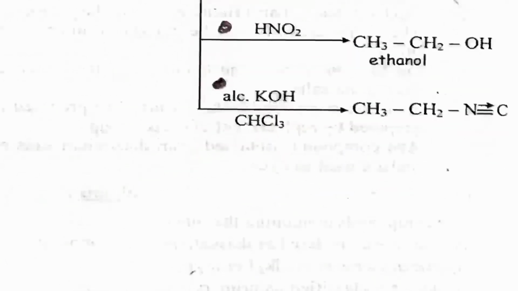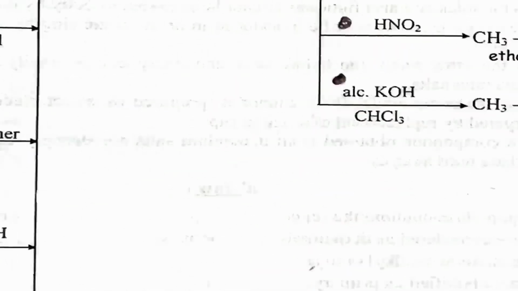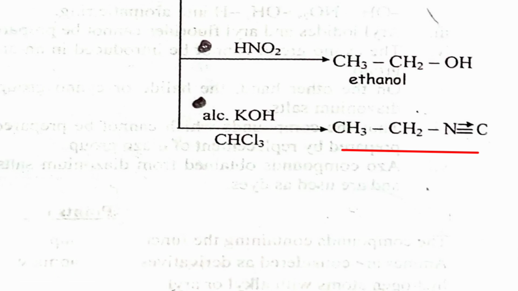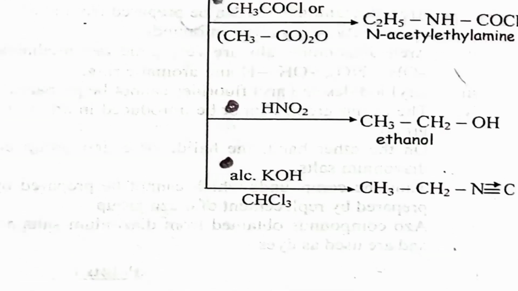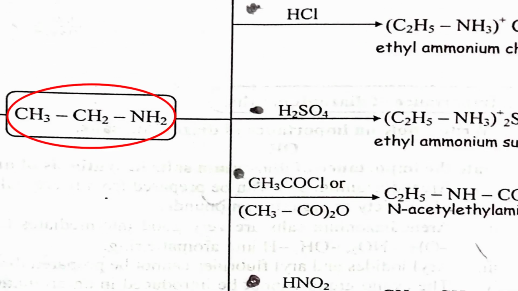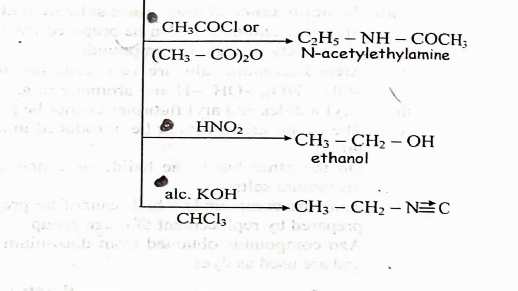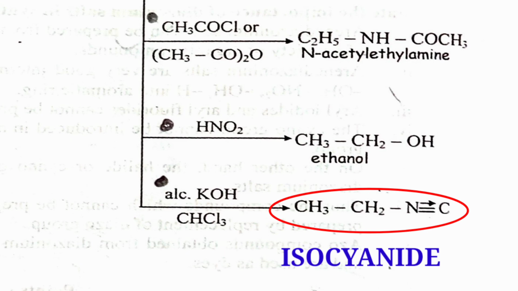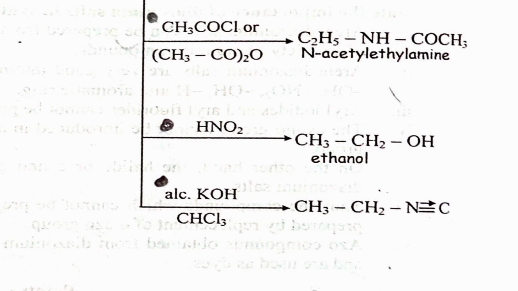Please note, we have already talked that this has a very dirty smell, and when chloroform in the presence of potassium hydroxide reacts with amine, then isocyanide is formed. Remember this is known as an isocyanide, which we discussed in one of the videos: isocyanide and cyanide, what is the difference and how it is prepared, we have also talked.